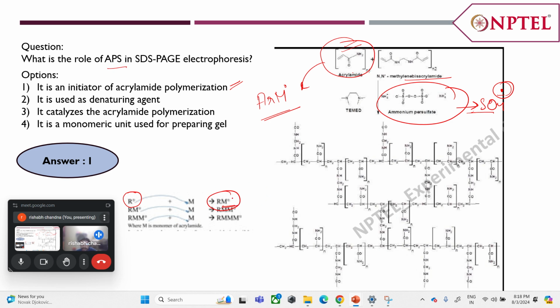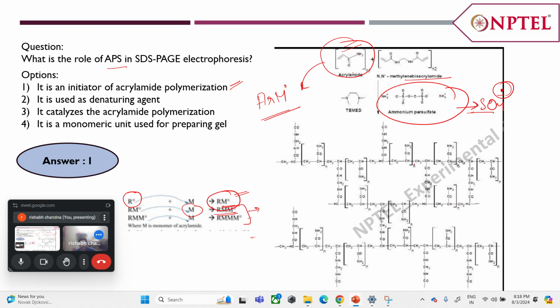Then this particular free radical goes and interacts with other acrylamide molecules, forming a chain. In this way, with multiple acrylamide molecules, it forms a chain, and then at a later stage it also reacts with the bisacrylamide, forming a cross-link.